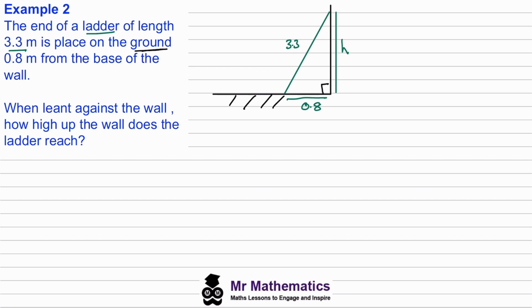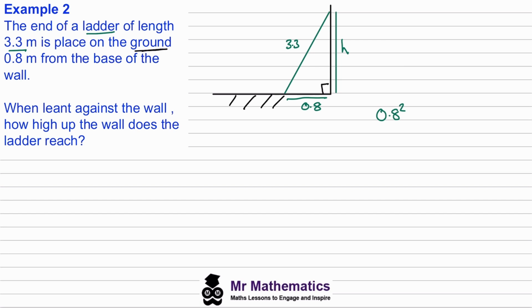So you can see we've got a right angle triangle with 3.3 meters, the length of the ladder. This is our hypotenuse because it's opposite the right angle. So to use Pythagoras' theorem, if we imagine a square on this side, this will have an area of 0.8 meters squared, and we'll have a square against the wall.